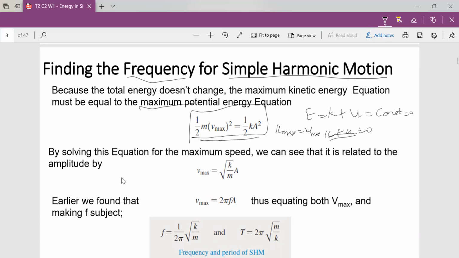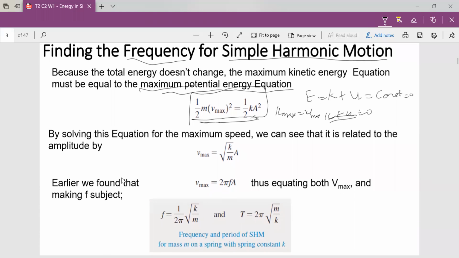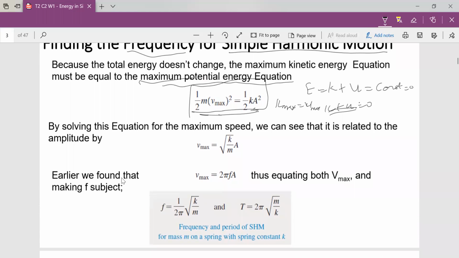This is our maximum energy equation, and from it we'll be able to derive our frequency. Making v the subject of formula, we end up with v max equal to the root of k over m, times A. The root covers only k over m, not the A, take note.